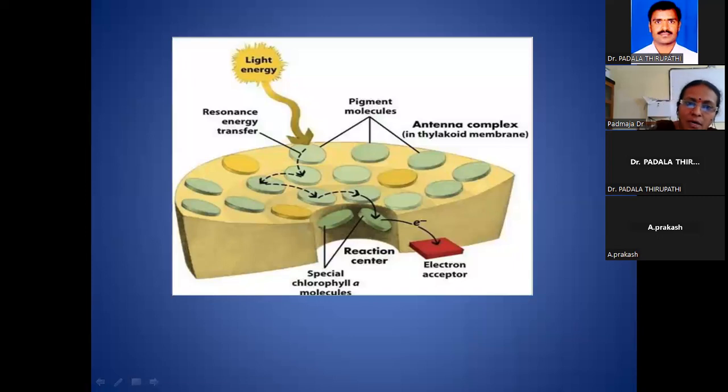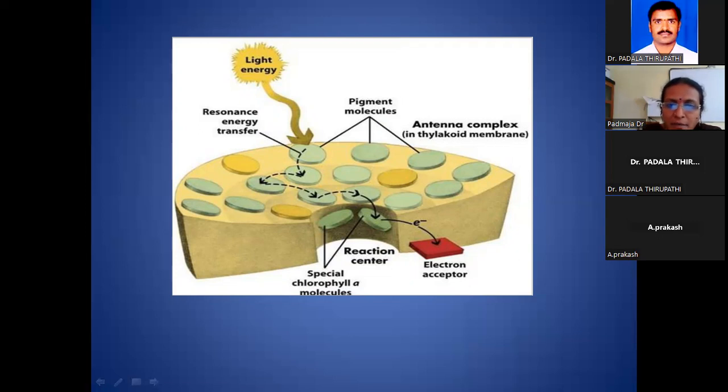And now here, this light is coming from the sunlight, and it moves through the different pigment molecules. At last, it reaches the reaction center. There is a group of pigments, and in this group, at the center, the reaction center will be there.